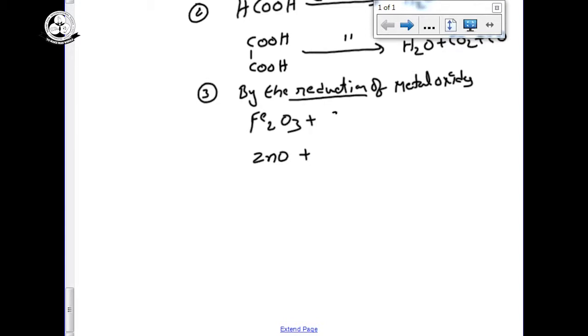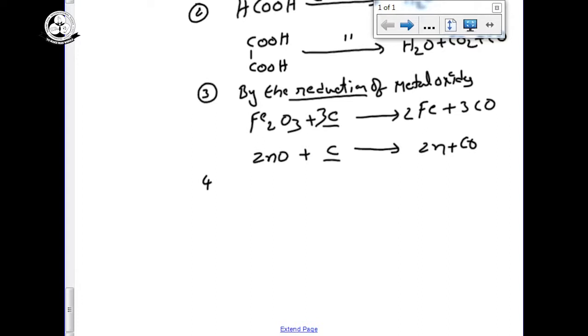Reduction means we need a reducing agent. You know the blast furnace diagram in the metallurgical process of iron: there you add coal or coke. So the metal oxide reacts with carbon and becomes metal, and 3 moles of carbon monoxide are formed. Here also zinc plus carbon monoxide. Metal oxides are converted into metal.